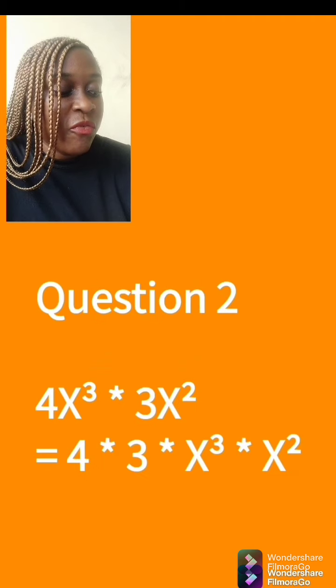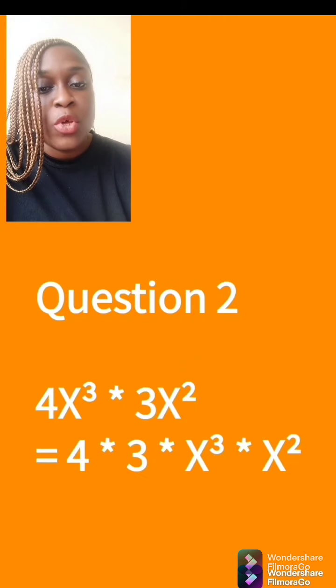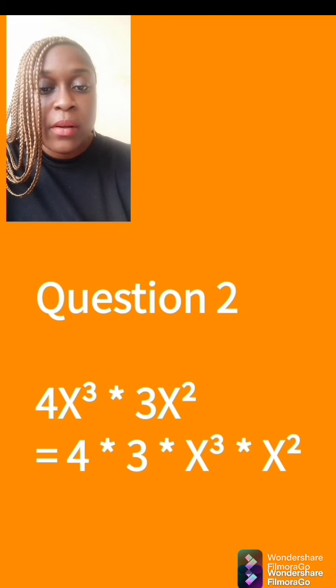We have 4x cubed times 3x squared. So how do we multiply this? We expand it, okay? So we have 4 times x cubed times 3 times x squared. We're going to shift the 4 and the 3 to one side, take them together.